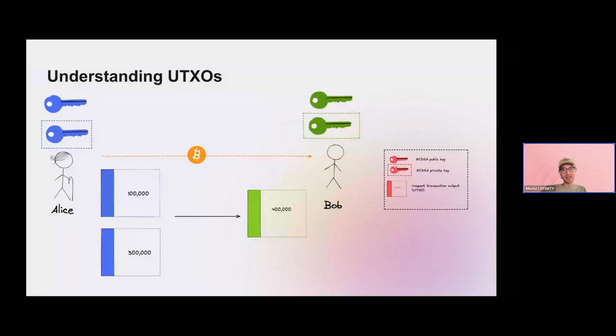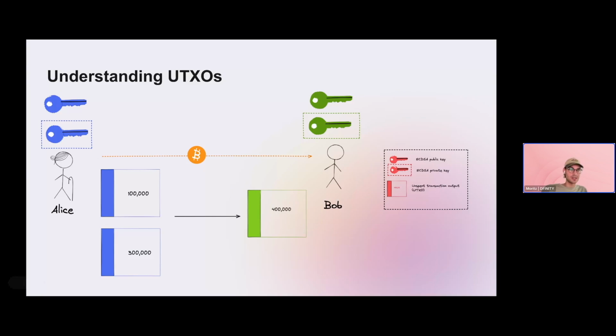Before we continue, I assume that the audience is kind of familiar with the Bitcoin network, but one thing I wanted to explain in a bit more detail so that everyone is able to understand the rest of the presentation are UTXOs. As a simple example here, we have two parties, Alice on the left-hand side and Bob on the right-hand side. And Alice wants to transfer Bitcoin to Bob.